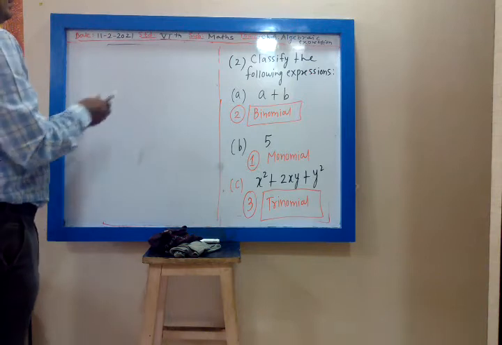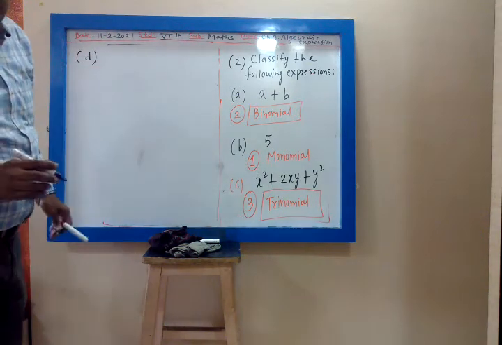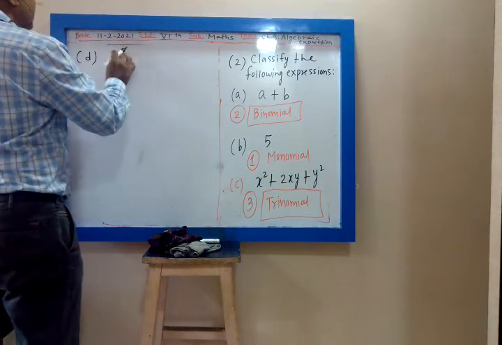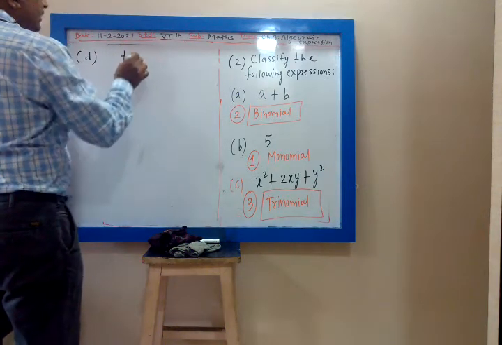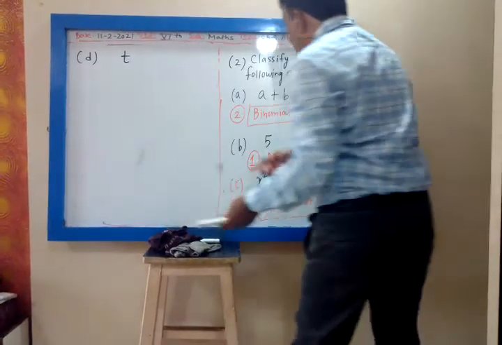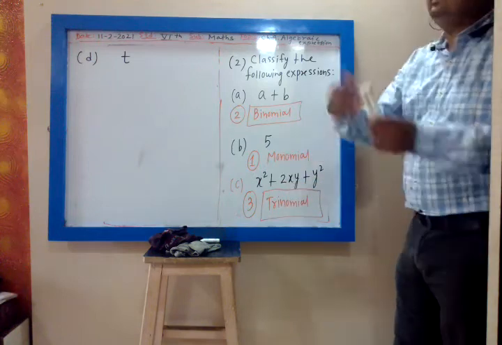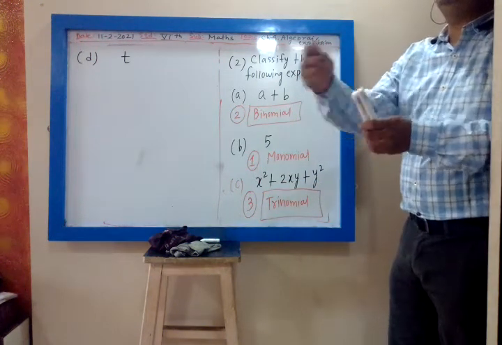Classify the following. Trinomial, because there are 3 terms: x square, 2xy and y square. If there are 3 terms, it is trinomial.